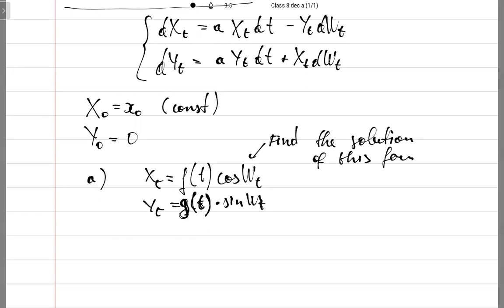Let's go. So basically, how do we solve such problems when we have a structure of the solution given? Basically, we just plug in and we apply Ito's lemma. The strategy is very simple.